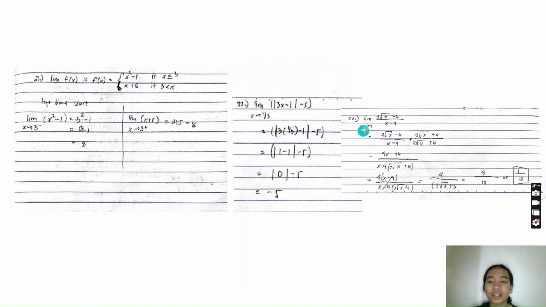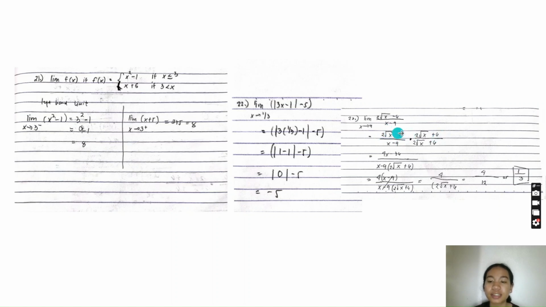Now for our number 23, we are given the limit of 2 times the square root of x minus 6 all over x minus 9 as x approaches 9. So in this case, since we have witnessed a square root sign, then we are going to multiply it by its opposite operation. Since it is negative here, then we will multiply it by a positive.